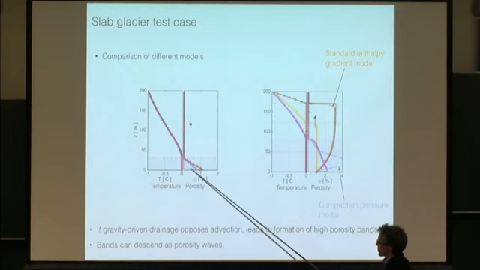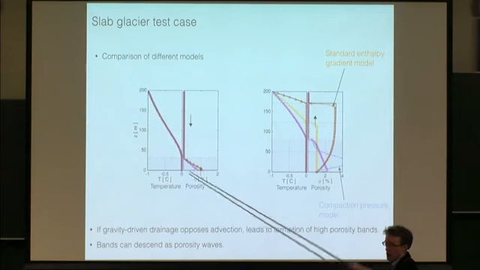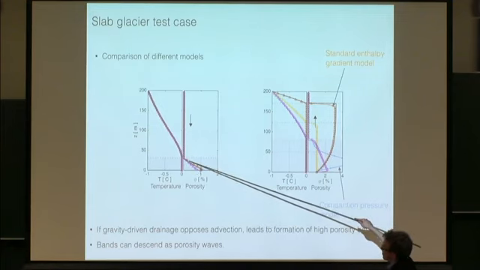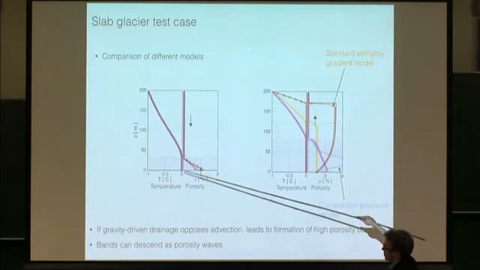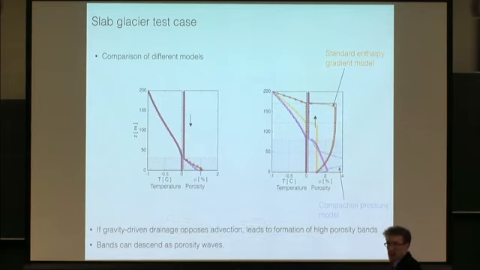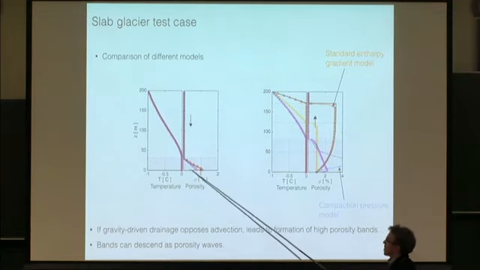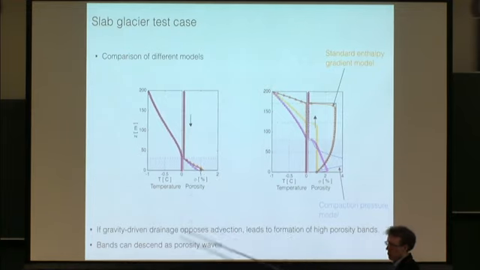In here, the porosity is a little bit different for each model because the water is now draining down. So the water was being advected down. It's now, in addition, falling under gravity through the ice. And so that means that you generally end up with a lower porosity than we had before, although this is all a bit scrunched up at the bottom of this picture, so you can't see it very well.